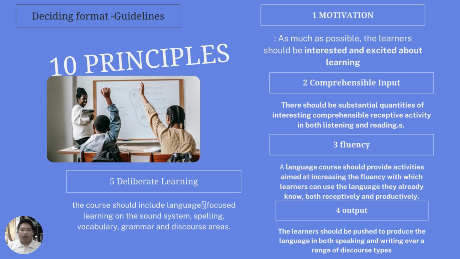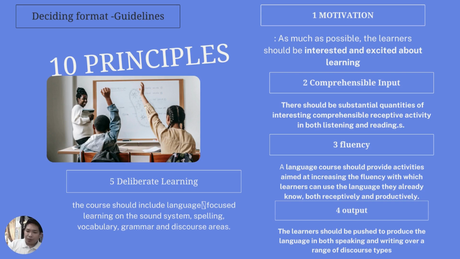And the next is comprehensible input. There should be substantial quantities of interesting comprehensible receptive activity in both listening and reading. And the next is fluency, and we also have to be aware of the output.